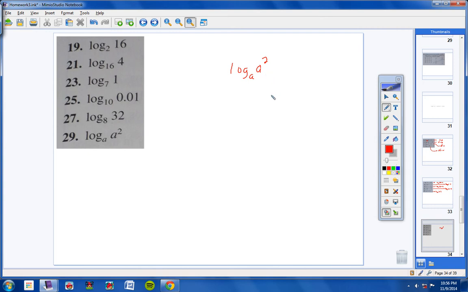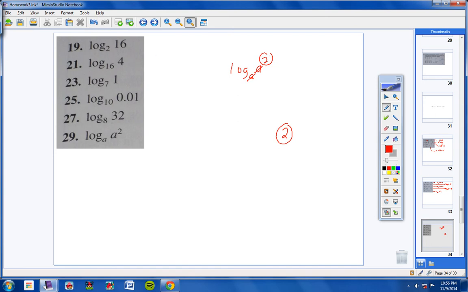What I should have said is this: whenever the base matches the base, the answer is this exponent here. I apologize. So one shortcut we can do is to say the answer is 2, because if your base here matches this number, the answer is this number here.